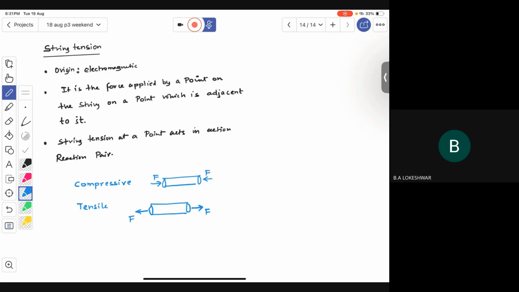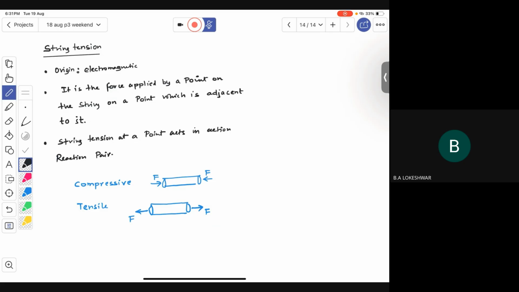So now the point I'm telling you, so that you become familiar with what this is: the force one point on a string applies on the point next to it, at any point, it will be acting in an action-reaction pair.